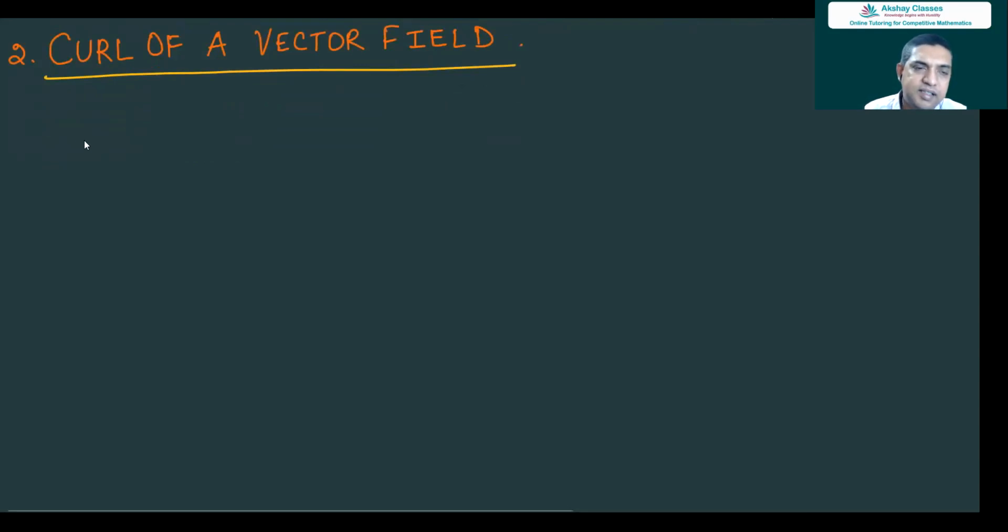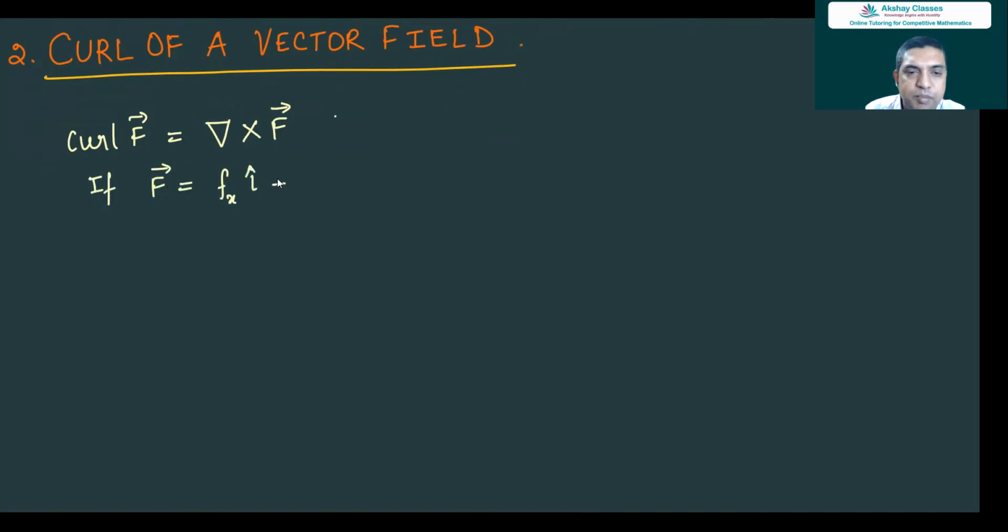Now, curl of F is defined as del cross F. Now, if F is a function having X component, Y component, and Z components, these are not functions of X, Y, and Z. Each one can be a function of X, Y, and Z, but this is just a component in I direction, component in J direction, and component in K direction.